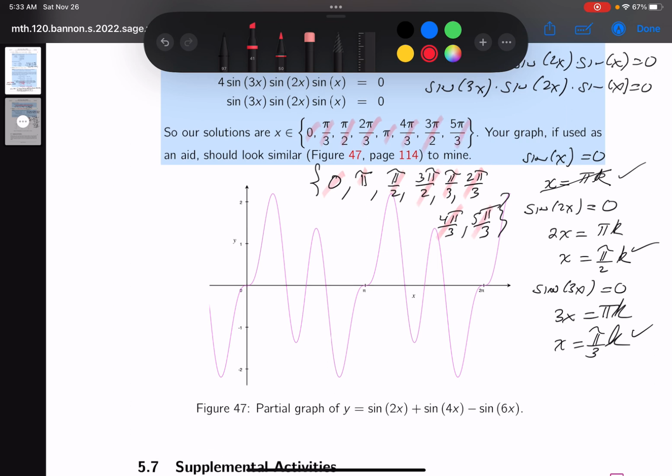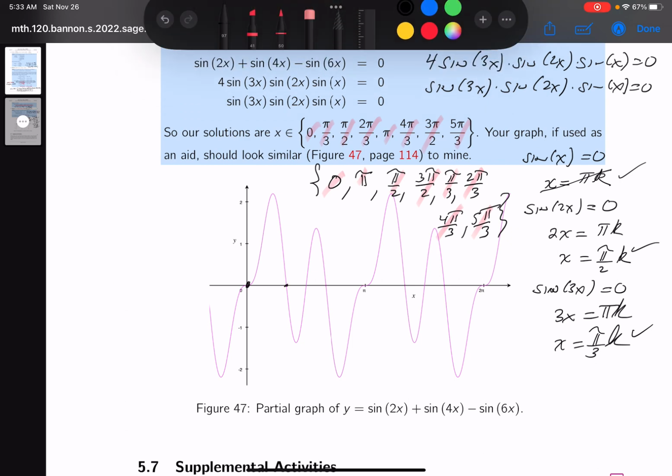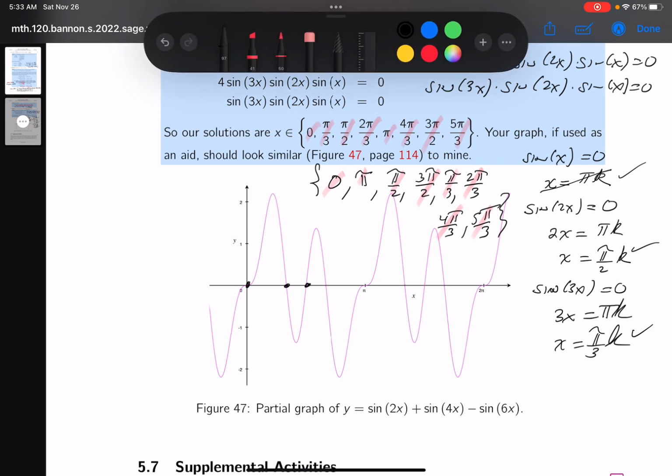All right, let's go to the graph. I want to point out, looking at a graph, the reason for putting the graph down is just to reaffirm that I did what I was supposed to do. I'm going to start to outline what I'm seeing in the graph, by the way. So I'm seeing a point here, a point here, a point here. Oh, by the way, this is the graph of this.